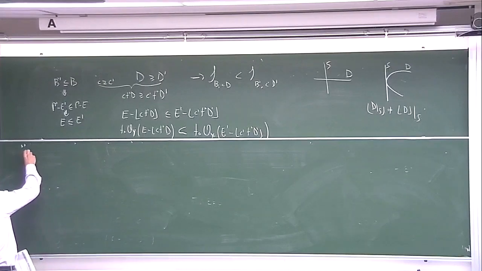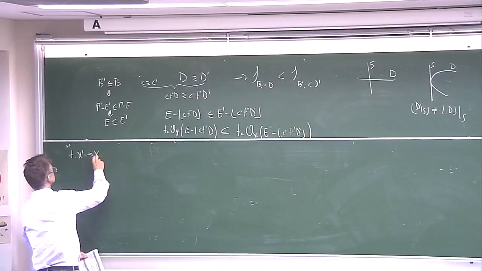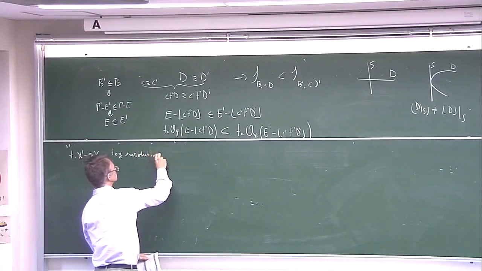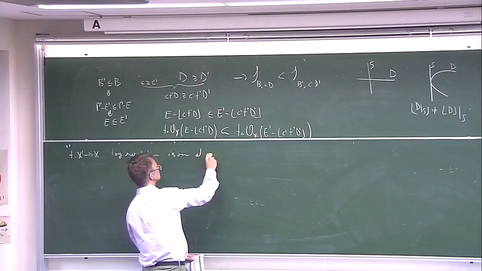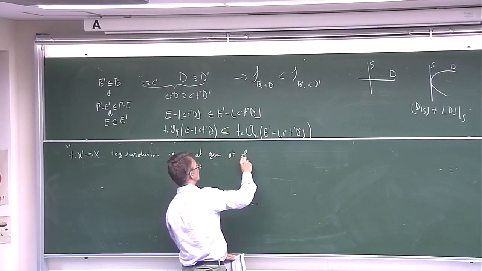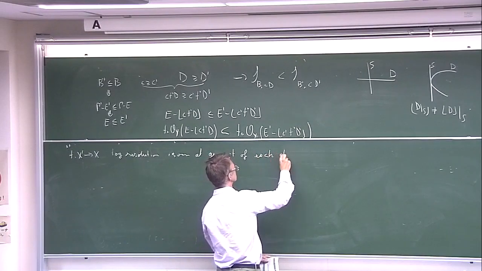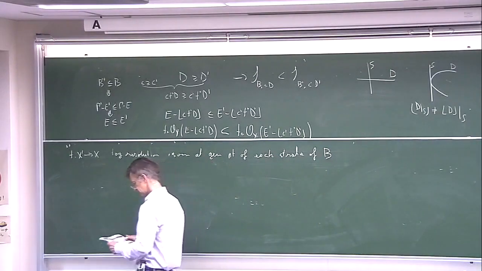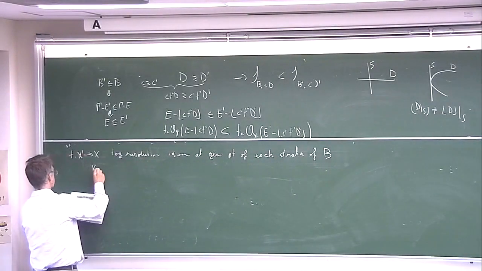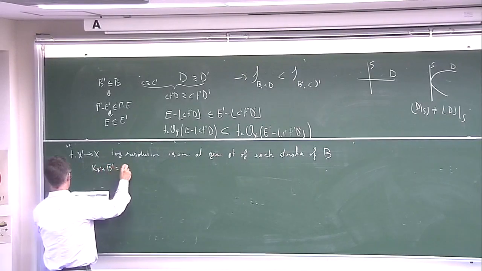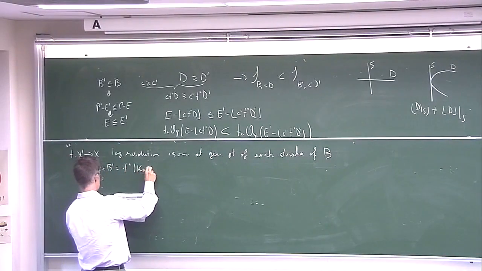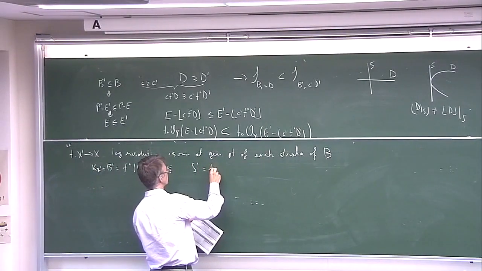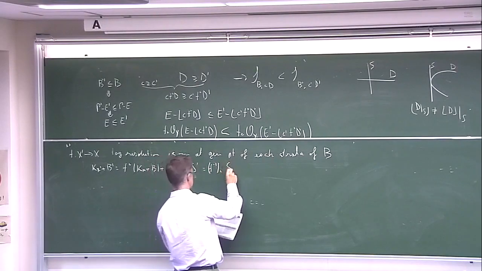So as before, f from X prime to X is a log resolution, which is an isomorphism at the generic point of each strata of B. And just as before, I'm going to write that KX prime plus B prime is the pullback of KX plus B plus E, and that S prime is the strict transform of S.